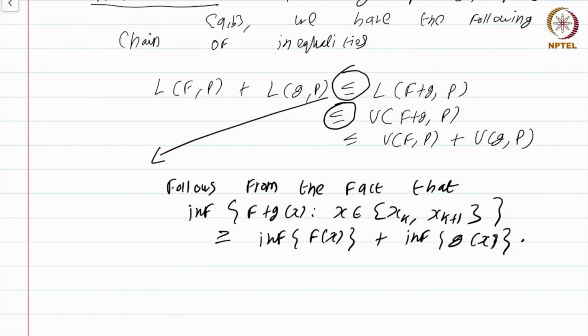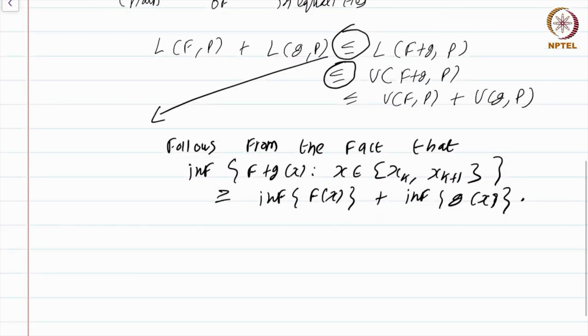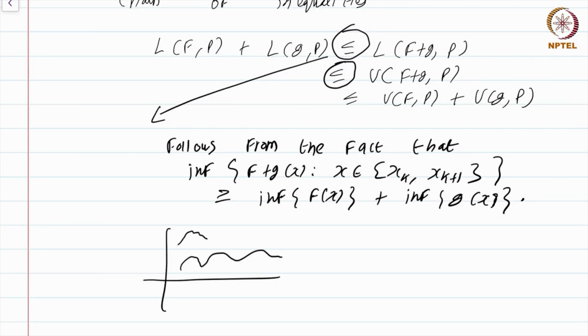So what is happening is, when you take the sum of these two functions, a graph will illustrate this. If I take this to be the graph of f and this to be the graph of g, the minimum of the function f is clearly here, whereas the minimum of g is here, and they are not coinciding.